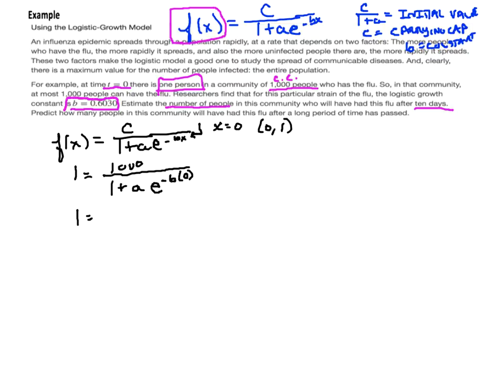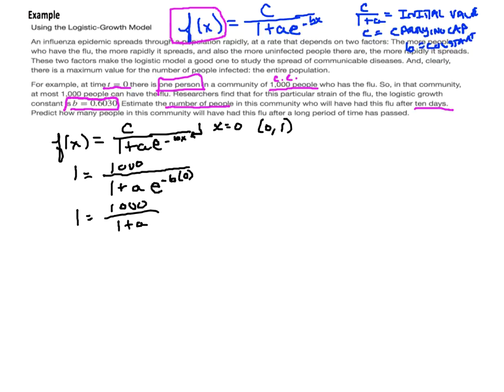That is 1 equals 1,000 over, okay, e to the 0 power is just 1. 1 times a is a, so this is just 1 plus a. So there's your c over 1 plus a, and that equals 1.